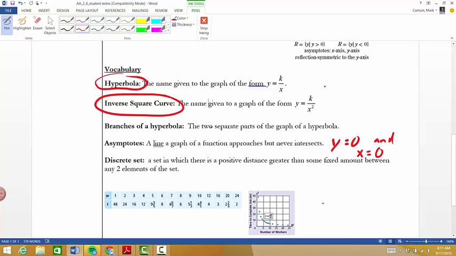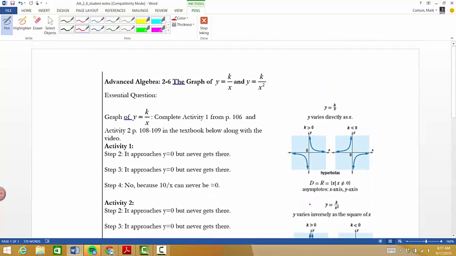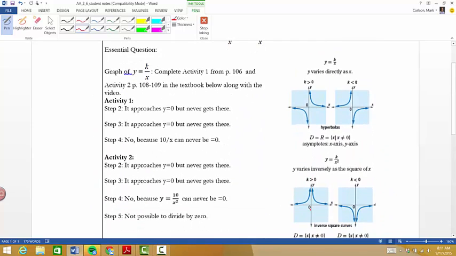Okay. The last thing I'd like to do is just take a quick look at the properties of each of these curves. So if we think about the curve y equals k over x, a hyperbola, we say that y varies inversely as x. We know that if k is greater than 0, then it's going to be in the first and third quadrant. And if it's less than 0, it's going to be in the second and fourth.